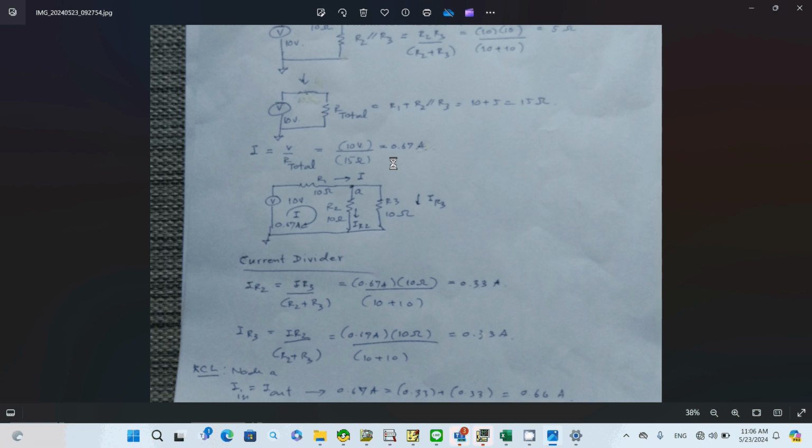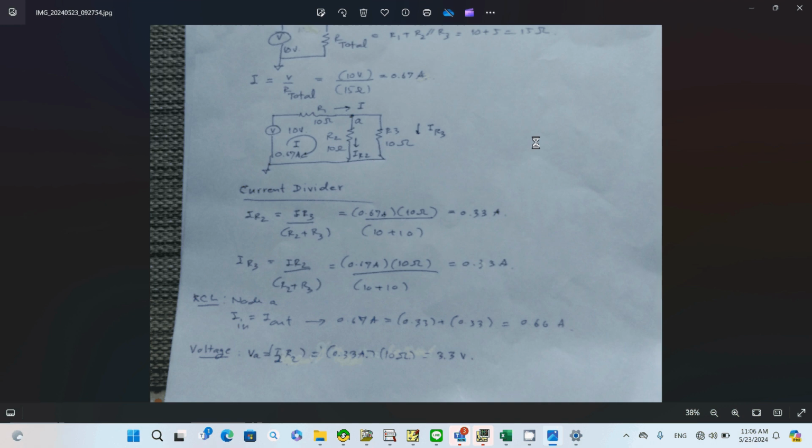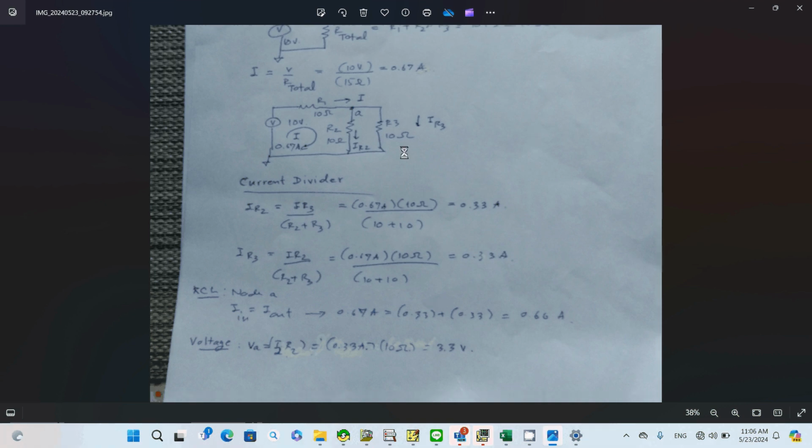Or you can apply the current divider. Just recall the technique. For IR2, the current flowing through R2, that's going to be your current divider.